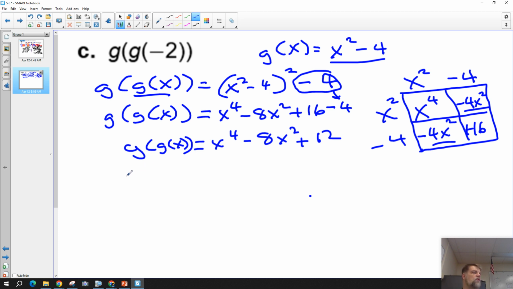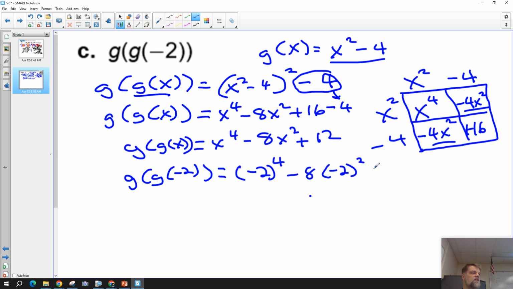Well, we want to know what g of g of negative 2 is. So wherever there's an x, we plug in a negative 2: negative 2 to the 4th minus 8 times negative 2 squared plus 12.